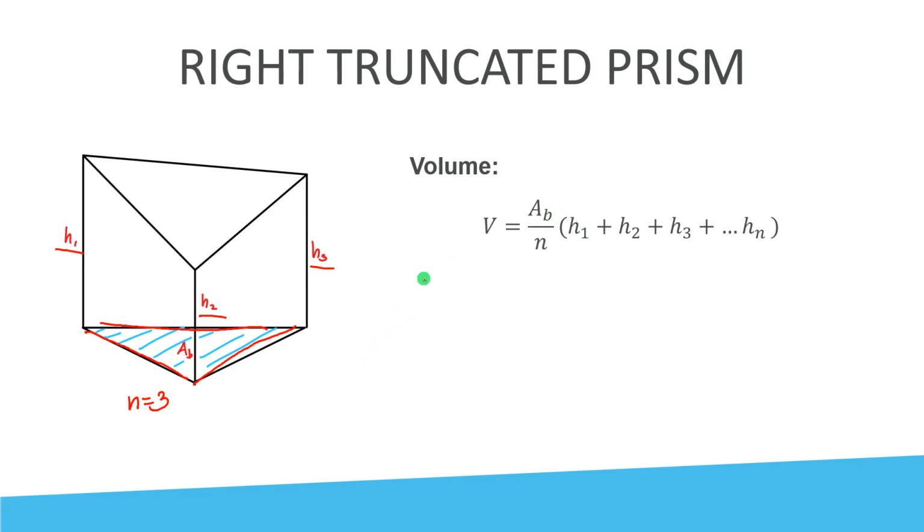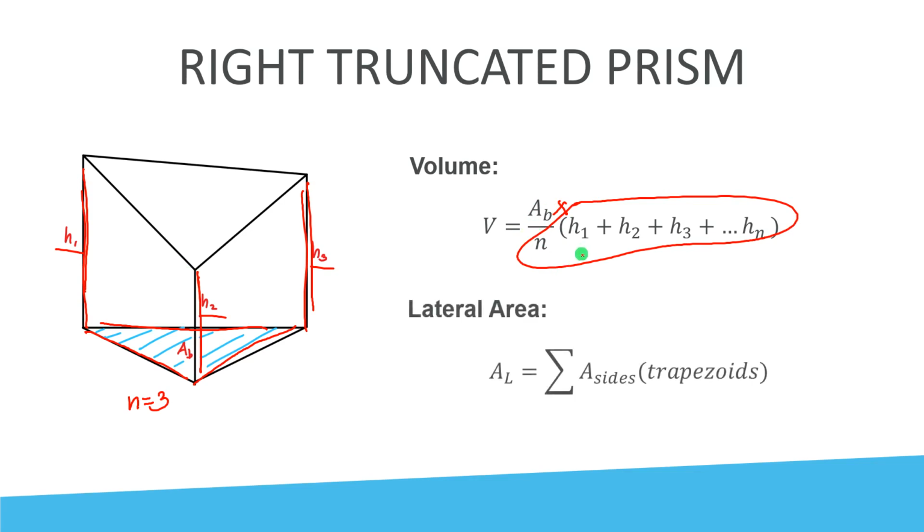Then multiply it by the sum of all the heights from the vertices of the base. In other words, take the average of all the altitudes of this right truncated prism and multiply it by the area of the base. For the lateral area, just determine the area of the trapezoids formed by the lateral faces, computing manually using the area of a trapezoid.